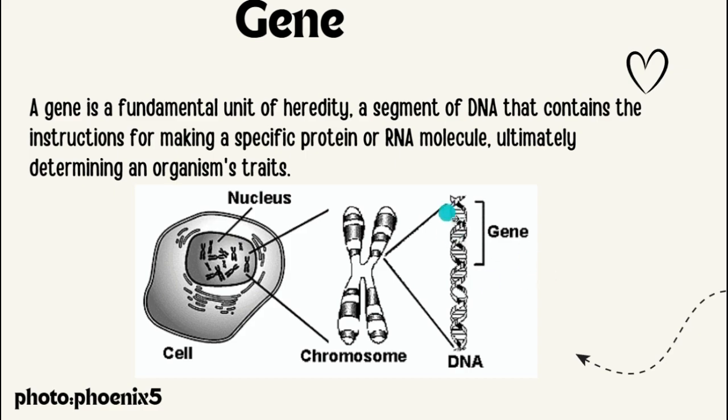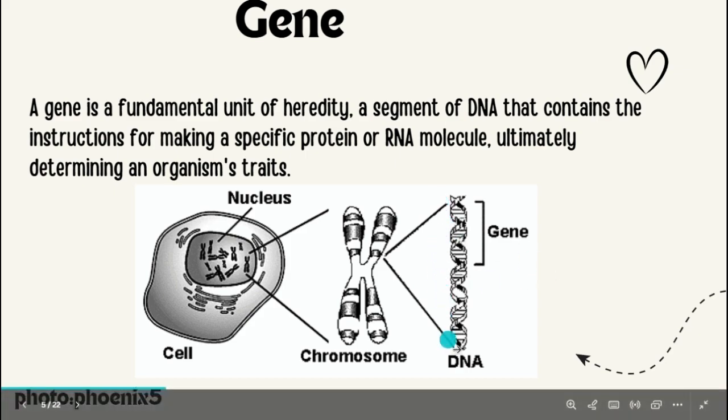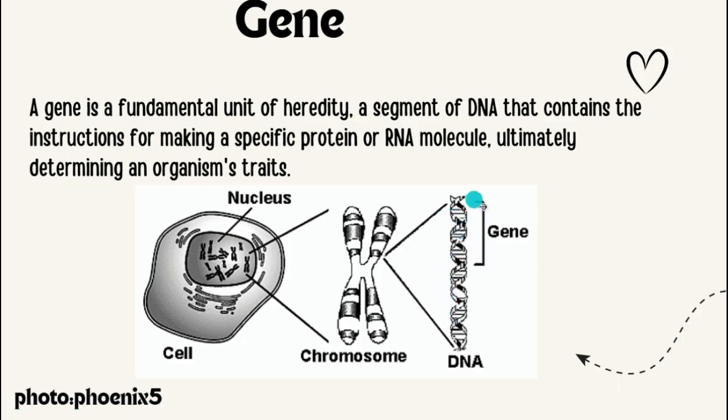So for example purposes only, if this was the entire DNA molecule that we had inside of us, that small segment would be the gene. And it's basically a fundamental unit of heredity. That's what the gene is. It contains instructions that are specific to make a specific protein or a specific RNA molecule.